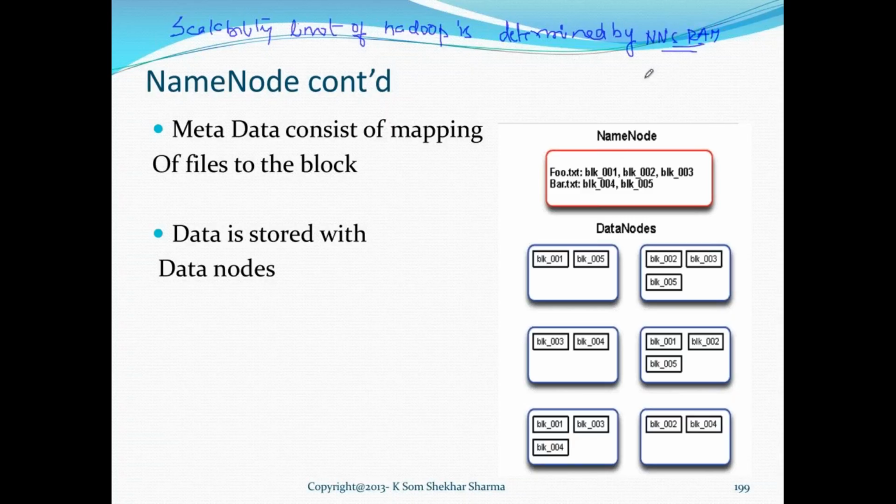How much of a memory you have given to the name node, that will determine the scalability limit of Hadoop, because it is going to determine how much of a metadata you can store.